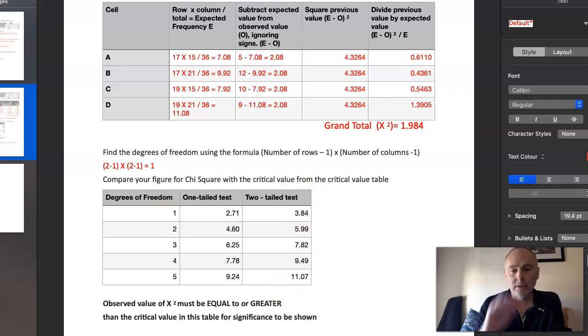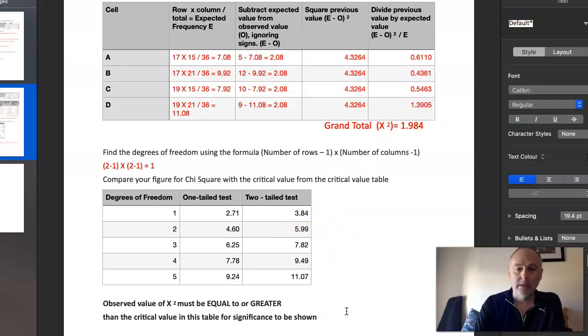With a chi-squared test, our observed value of chi-squared must be equal to or greater than the critical value in the table for significance to be shown. 3.84 is our critical value, 1.984 is our chi-squared. Unfortunately, after all that, we do not have a significant result because our observed value of chi-squared is less than the critical value in the table.